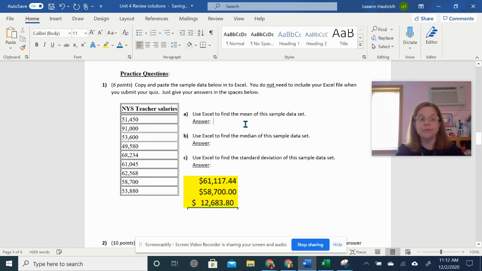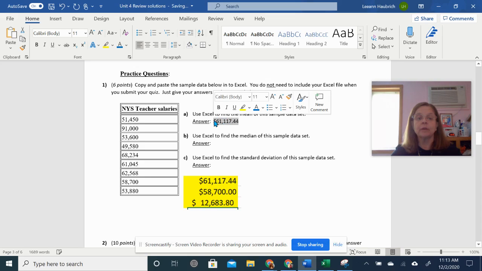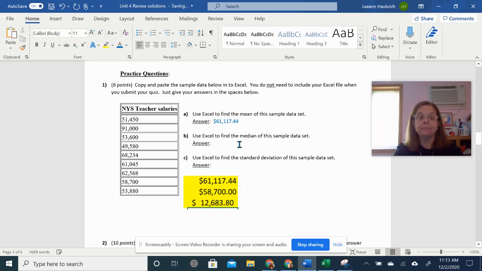So the answer to the first one is $61,117.44. I want to make sure that my instructor can see it, so I've changed its color. My second one, the median, is $58,700.00.